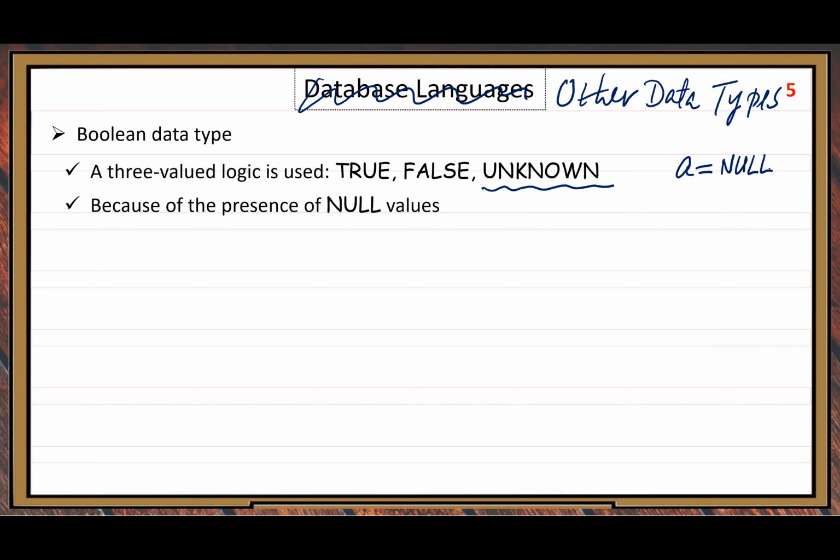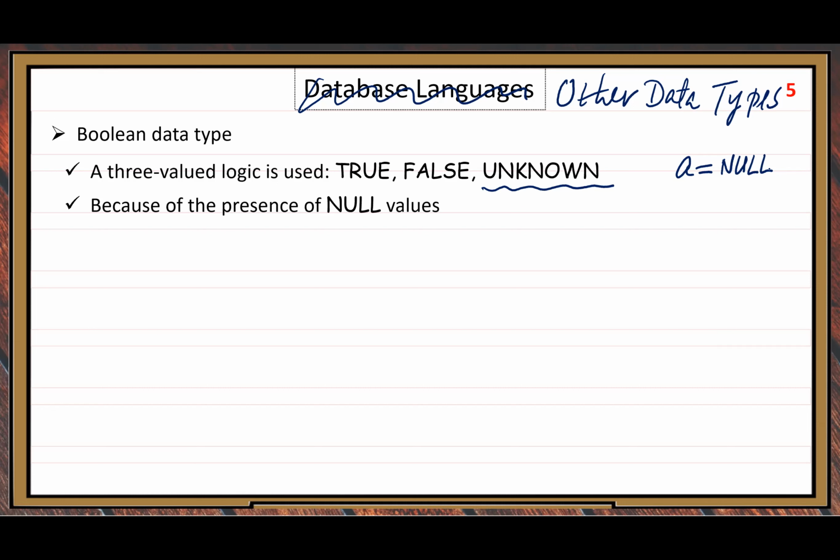You cannot say true because that value could be different. You cannot say false because there is a possibility that value could be the same as A's value, right? There is a possibility of that. So then, to be 100% safe, you just give the unknown value because it is unknown.